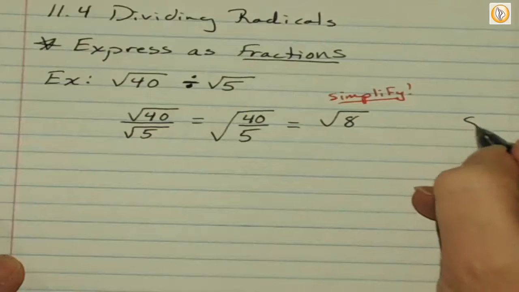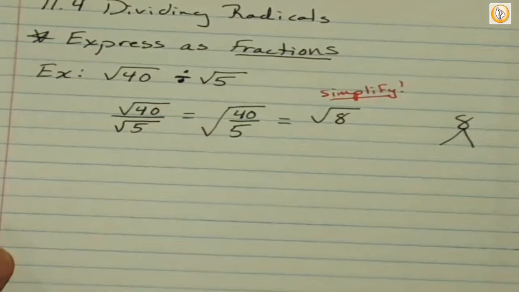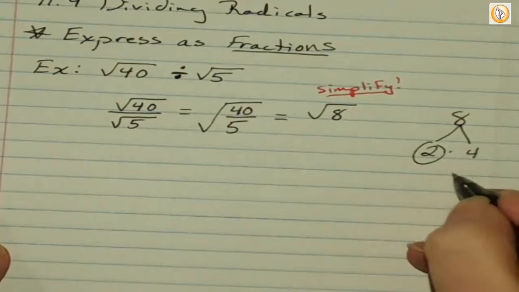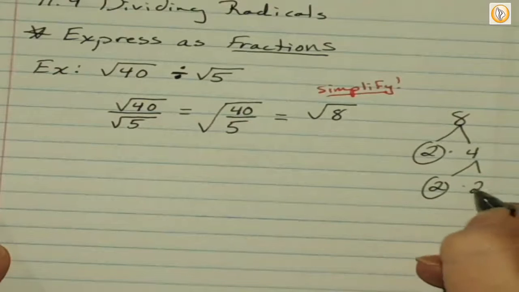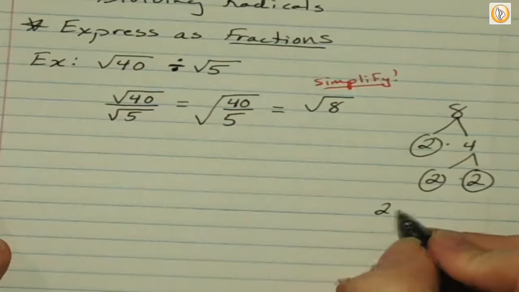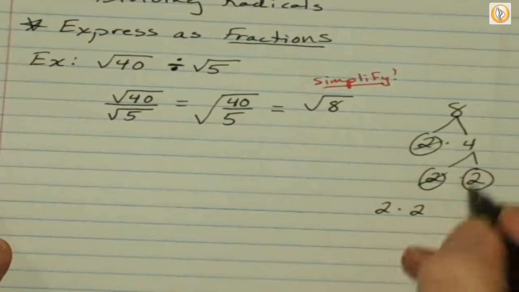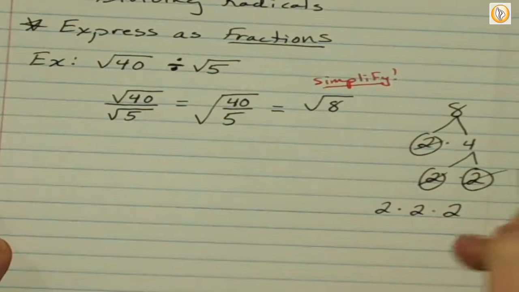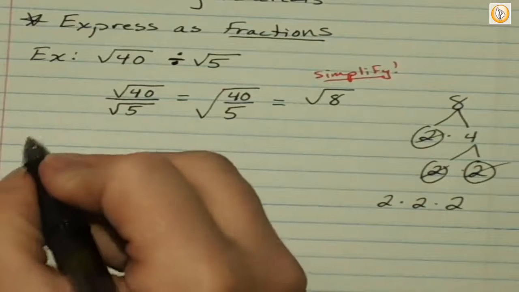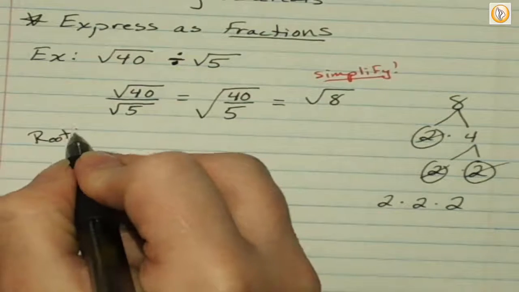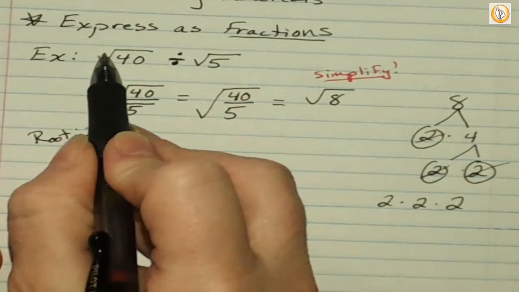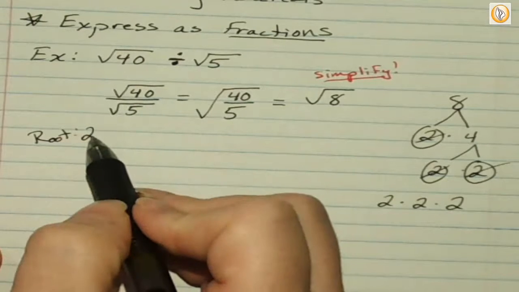So we do the factor tree, 2 times 4, and then 2 times 2. Just like last week. So then I have 2 times 2 times 2. What's the root? 2. That's right. There's nothing in the check thingy, so we assume it's 2.